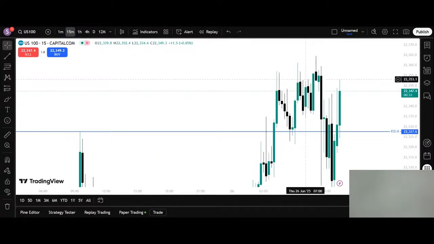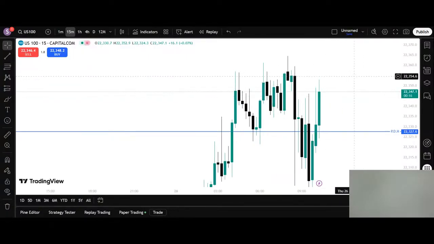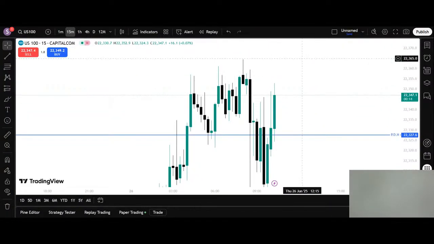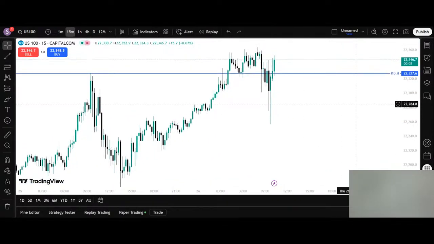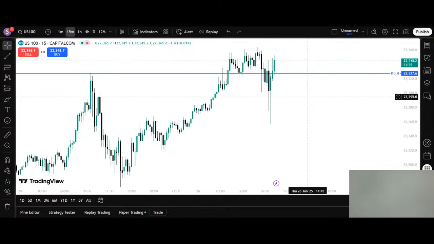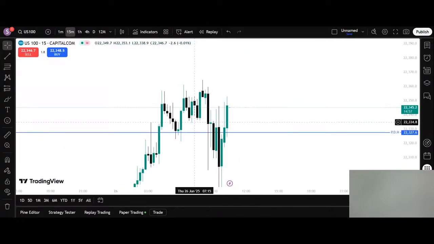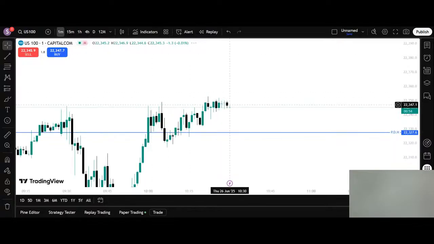15-minute candle is about to close now. 15-minute candle has closed bullish.